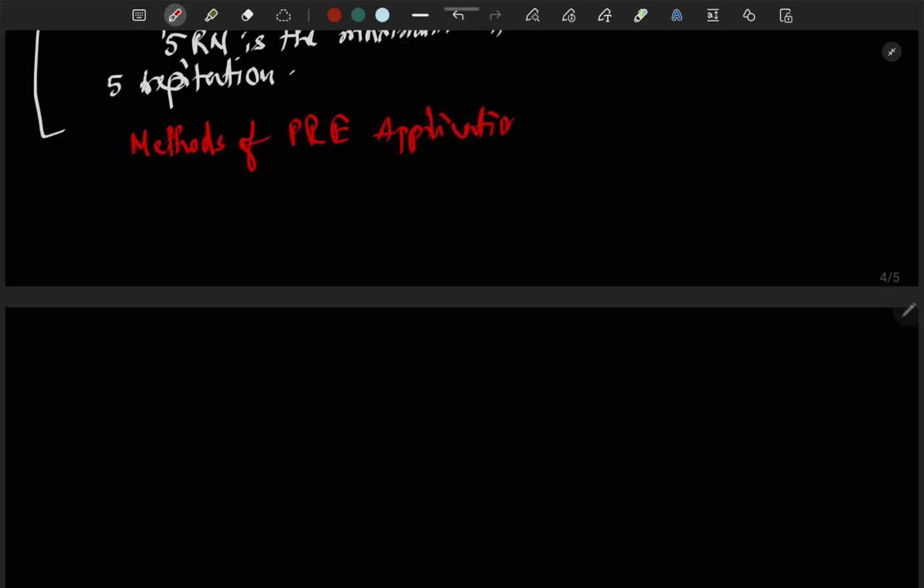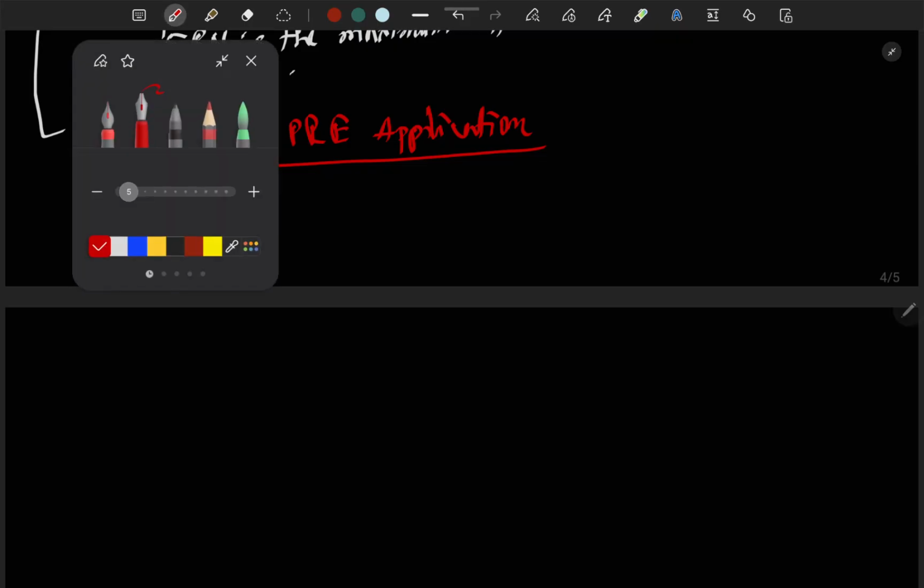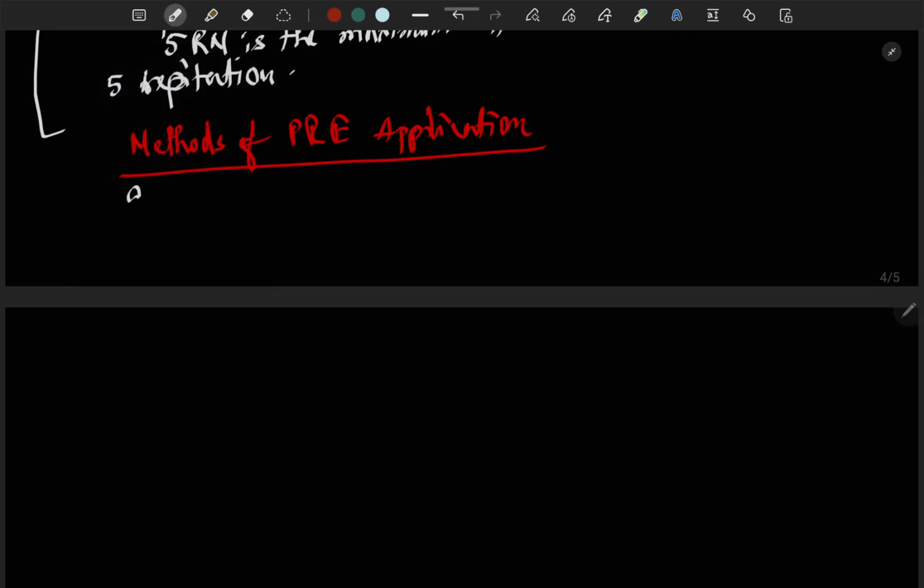Application. Methods of progression application.